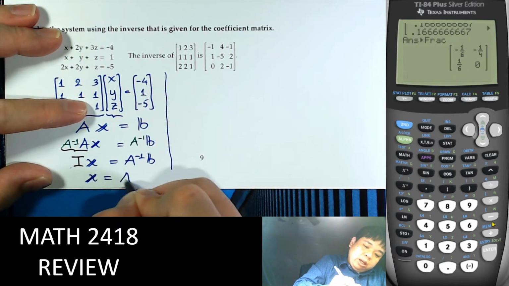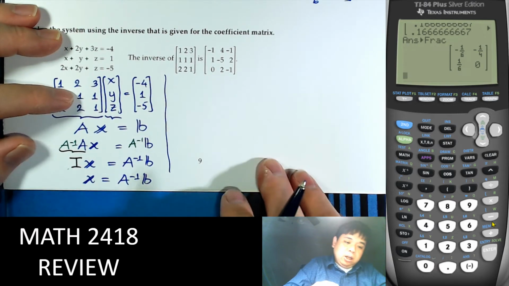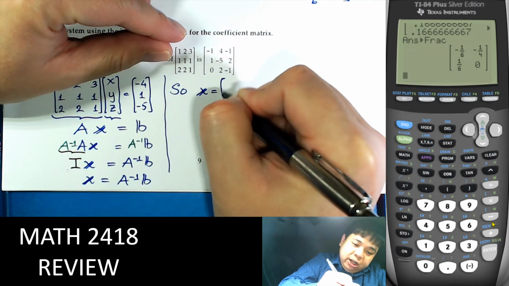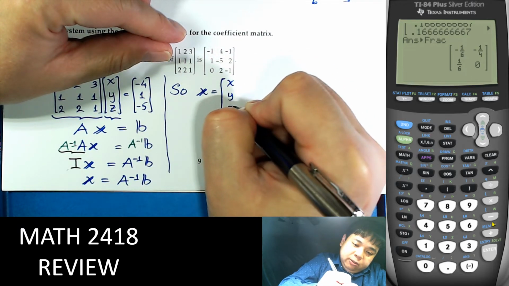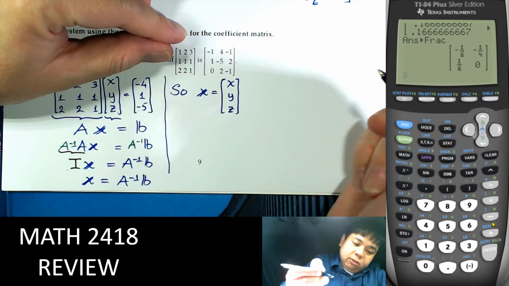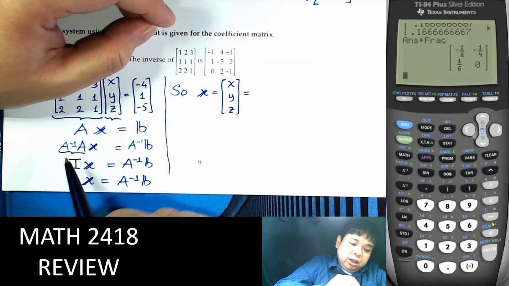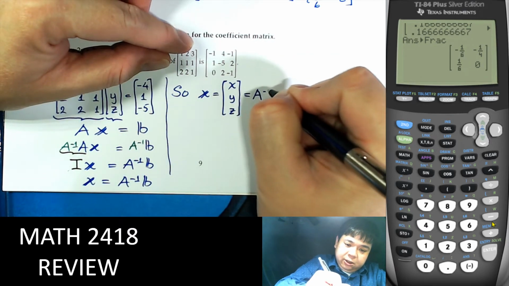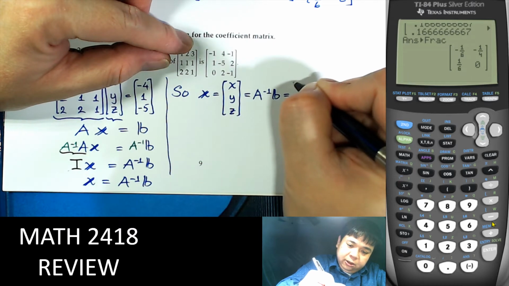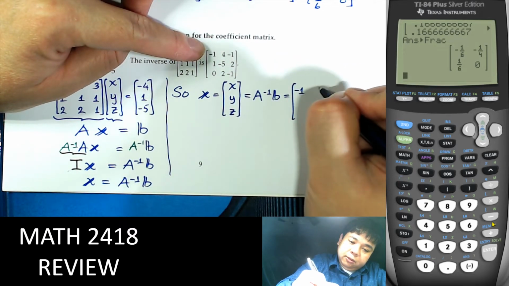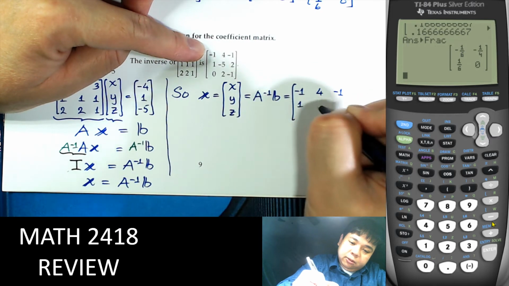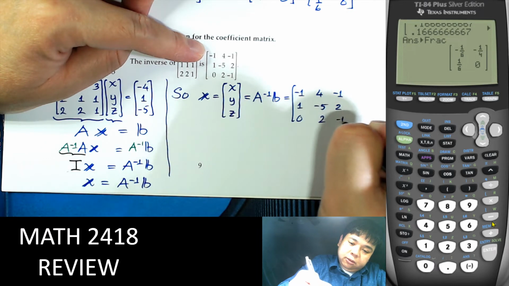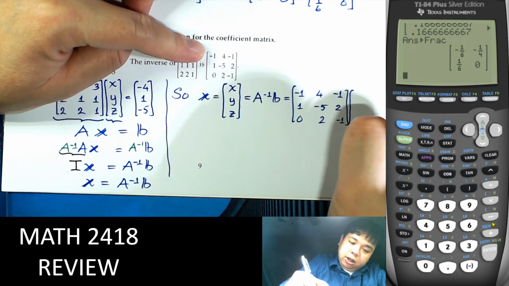So x equals A inverse times B. So we have the vector x, y, z equal to A inverse, so this is A, this is inverse, times the matrix B.